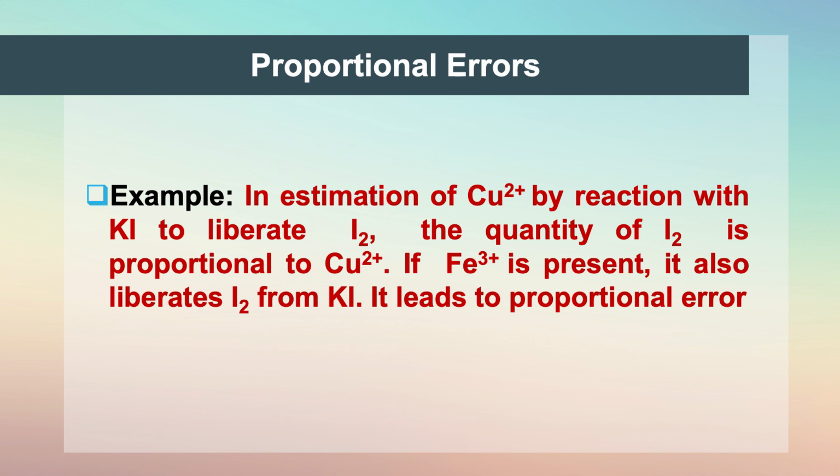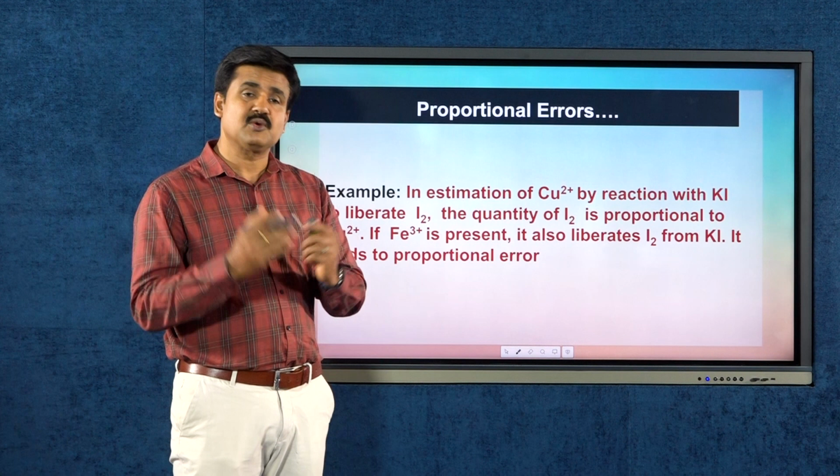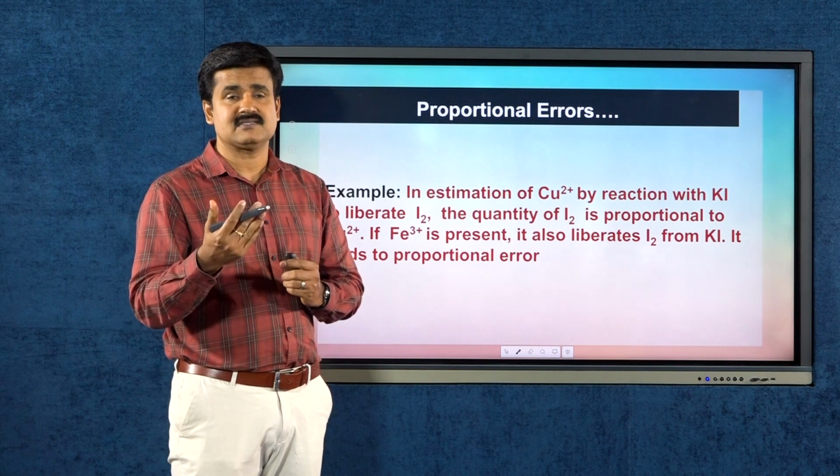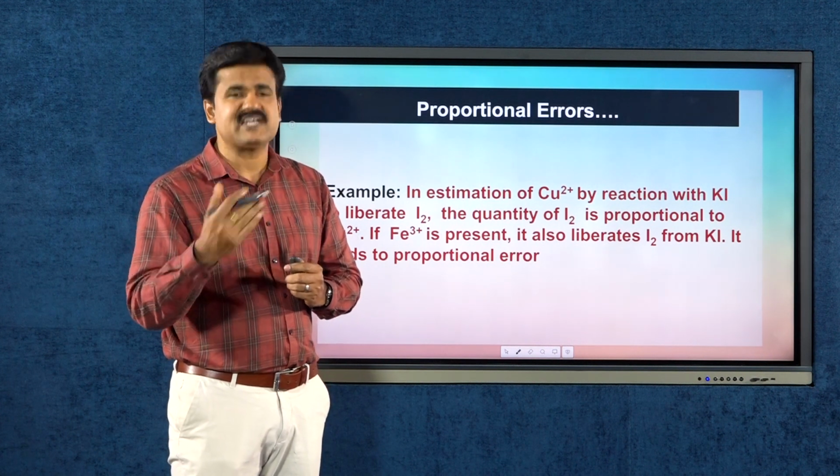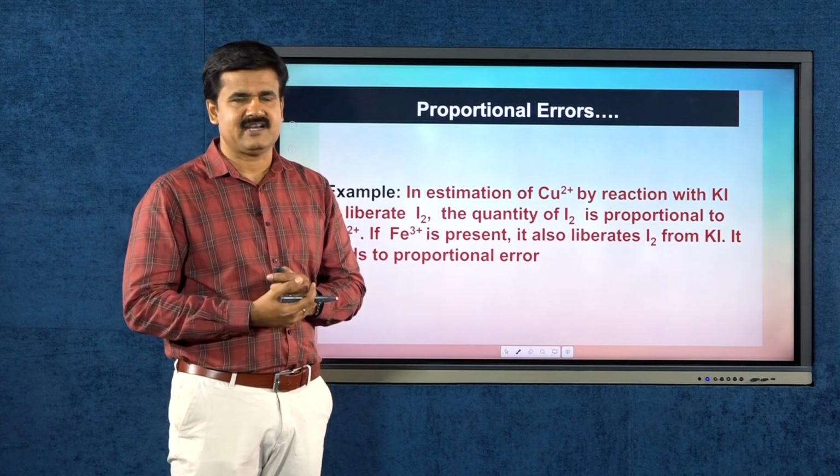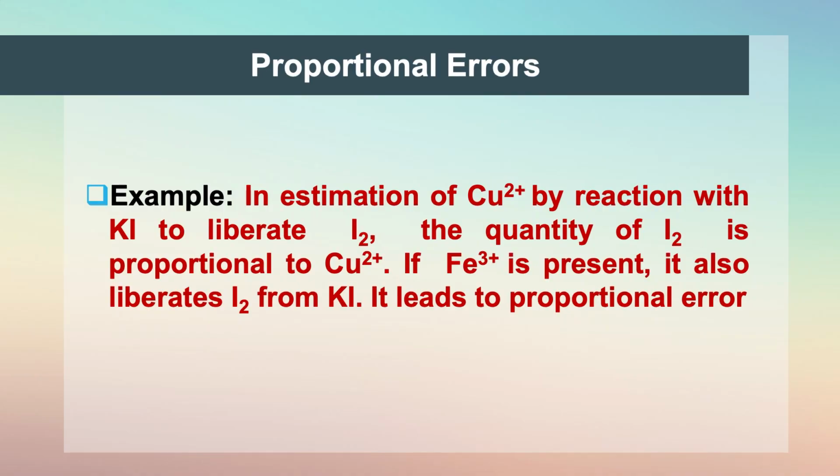The quantity of iodine is proportional to the amount of copper present in the sample. So, you can estimate copper 2+ by noticing the amount of liberated iodine. However, if your sample contains some iron 3+ as an impurity, iron 3+ can also liberate iodine from potassium iodide.